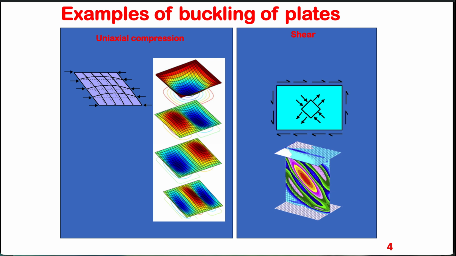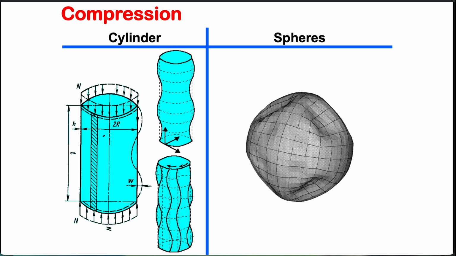If you apply a shear force, the buckling is going to look similar, but the direction is going to be different. We will see buckling with shear force and uniaxial compression. So far, we have only talked about compression in Lab 1 when it comes to buckling. But you can see here that both shear and uniaxial compression can cause buckling, right?